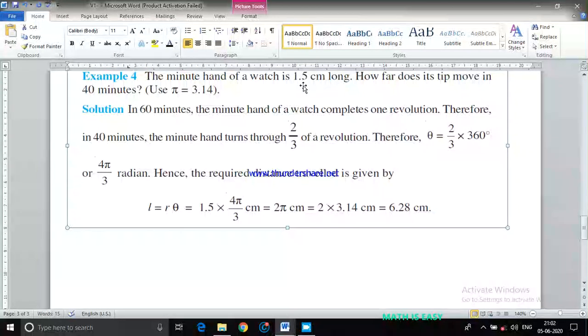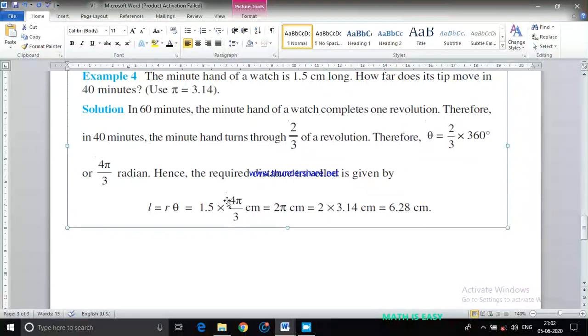I know radius is 1.5 and theta is 4 pi by 3. So L equals R theta. This was the formula. So R is 1.5, theta is 4 pi by 3. You can cancel this 1.5 in 3 two times, because 2 into 1.5 is 3.